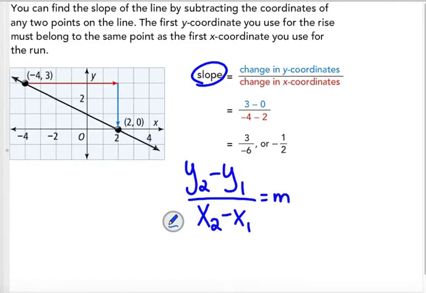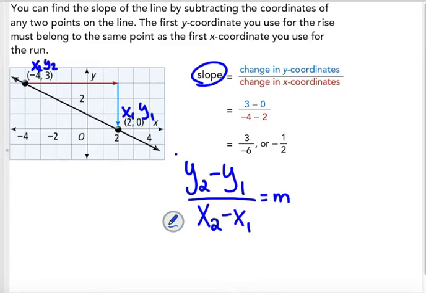But we have to label these. You can see we have an x-coordinate and a y-coordinate for both of these points given. But we have to distinguish between which one is the first point and which one is the second point. So we will go x1 and y1 will be down there, and for the second point, this will be x2, that will be y2.